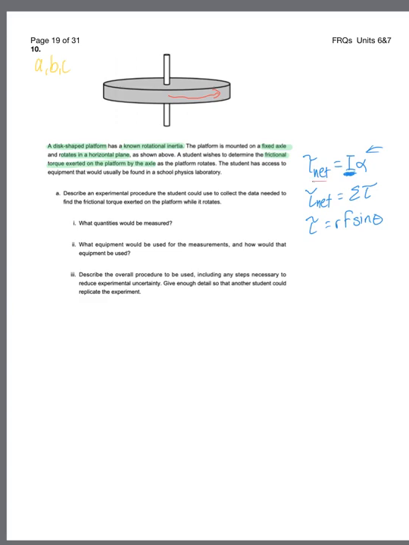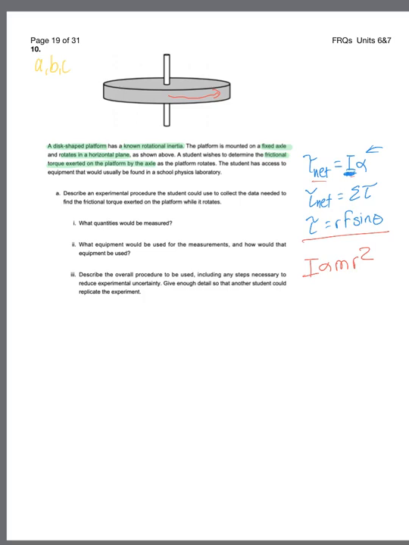So to get at the torque, we would need the moment of inertia. Now, we'll go over this on the next slide, but you should recall that the moment of inertia is always proportional to the mass times the radius squared. Depending on what the shape is, there are different formulas, but they all have this m r squared term in them.